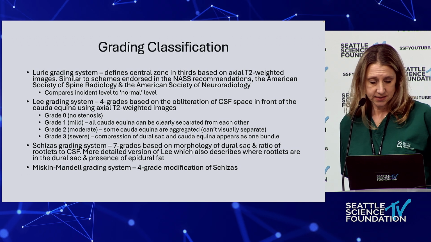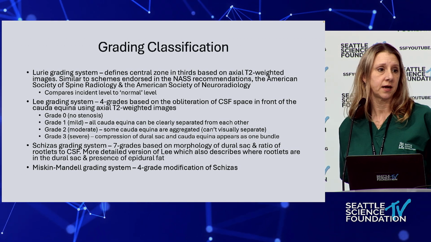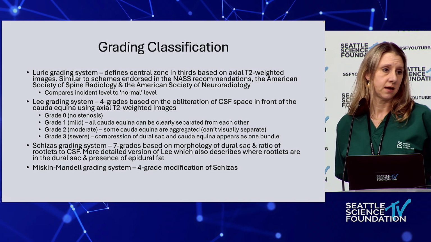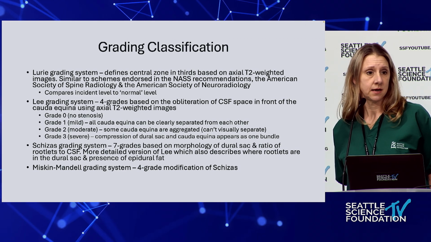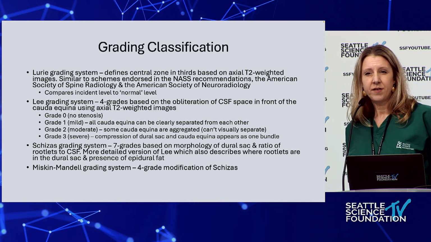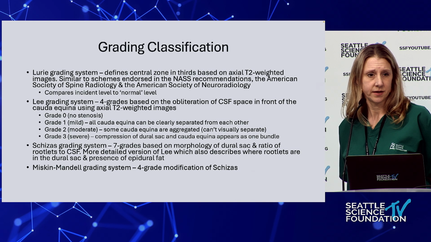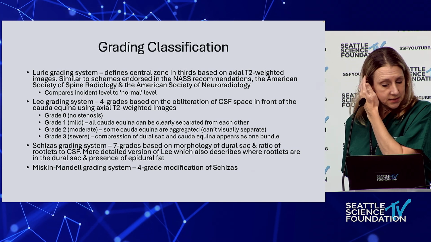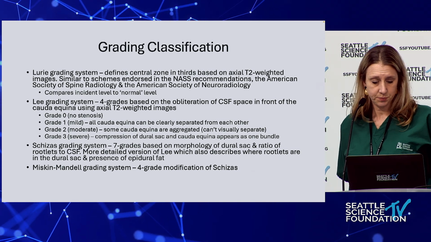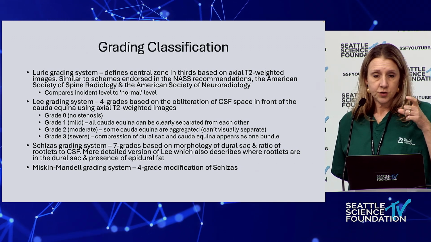The Lurie grading system defines, I should say all of the grading systems utilize, by definition, the MRI T2 weighted imaging, but they vary slightly in their focus and the detail of what they are examining. The Lurie system defines the central stenosis based on the thirds zone.